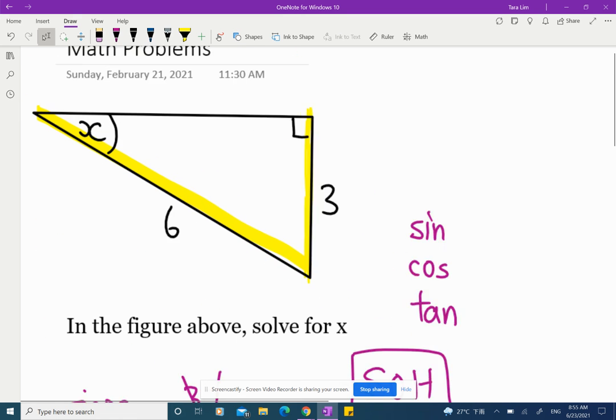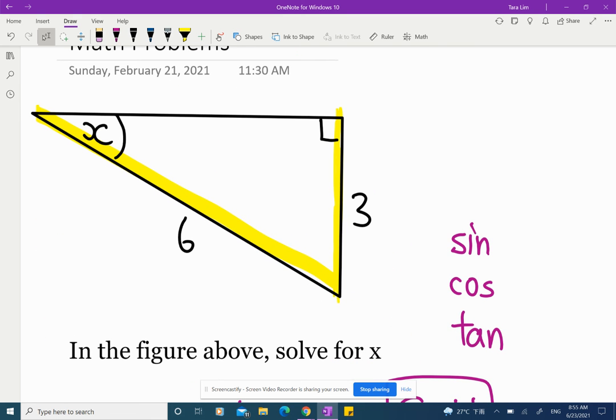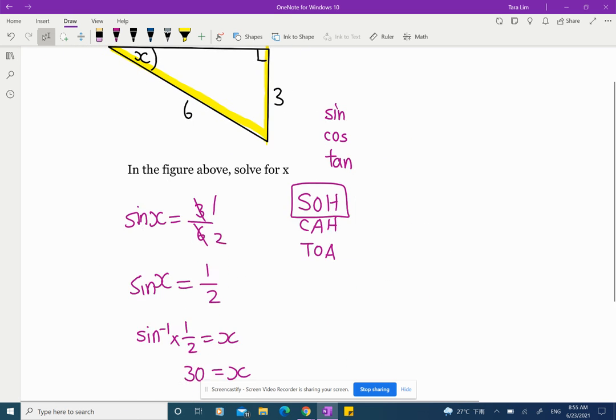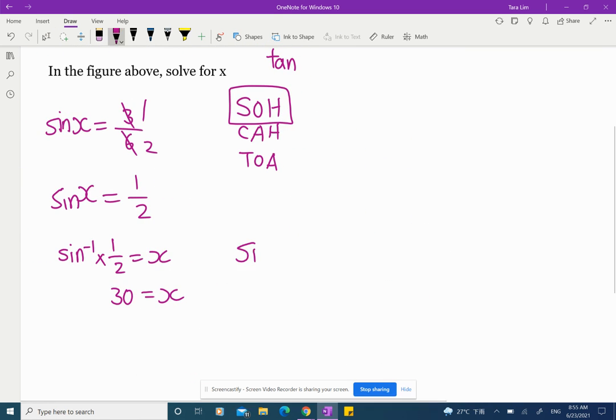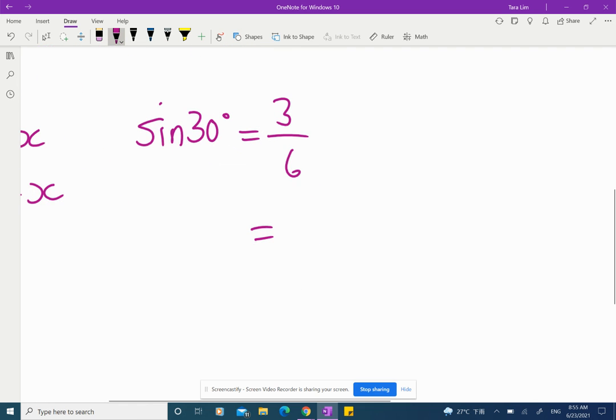Now we know what x is. If you're unsure about your answer, you can always plug in the x. You can check whether sine 30 degrees is equal to 3 over 6 and see if that's correct or not.